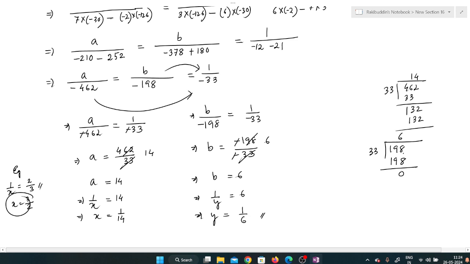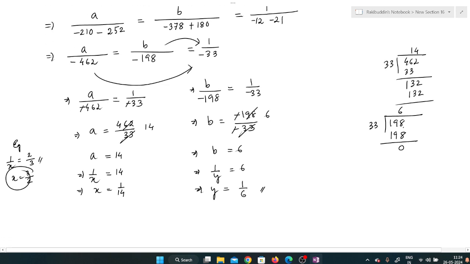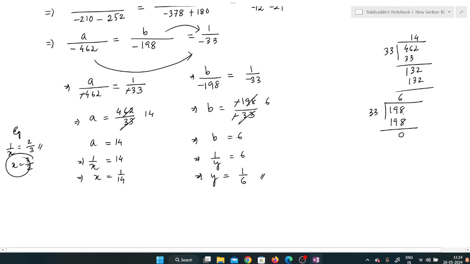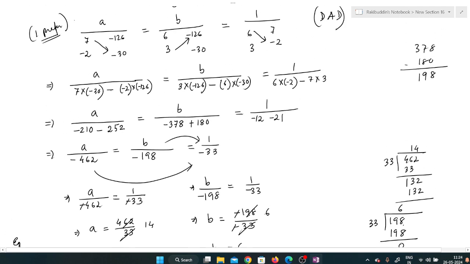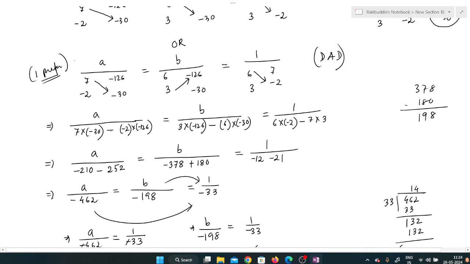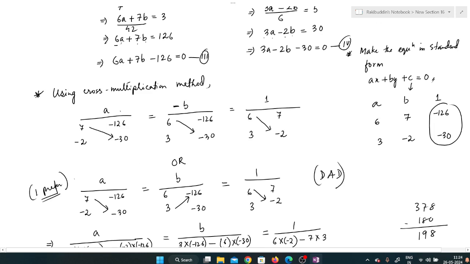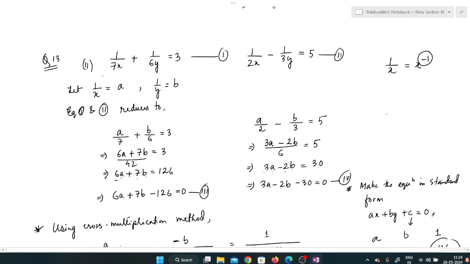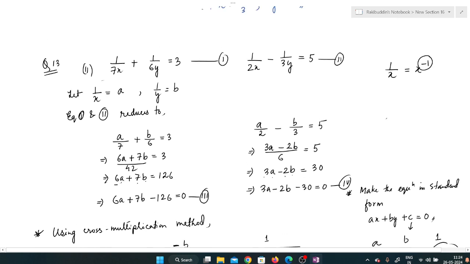Okay, thus we have found the value of x and y, although the equations were not linear equations in two variables. So what we have done in this entire question is that first we have converted these equations to linear equations, and in doing so we have substituted the variables by some suitable variables, and then the equation was reduced and formed, and we made it a linear equation. And then we have applied cross multiplication here.